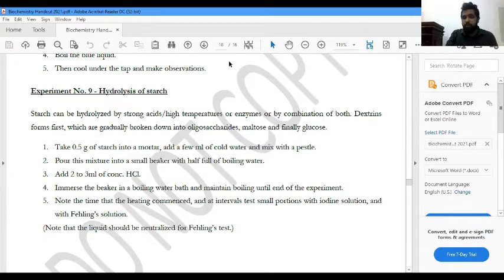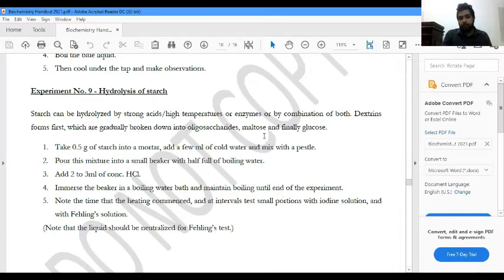Okay, you know that starch will give a blue black complex with iodine, but the blue black complex cannot be given by maltose as well as glucose.